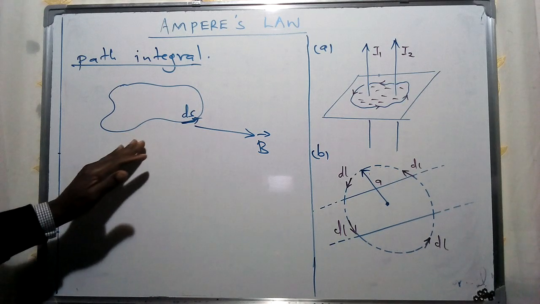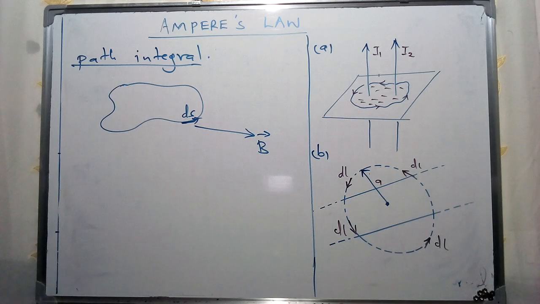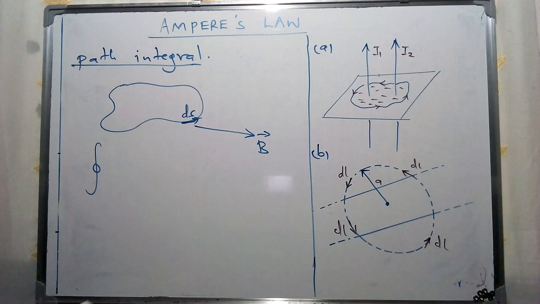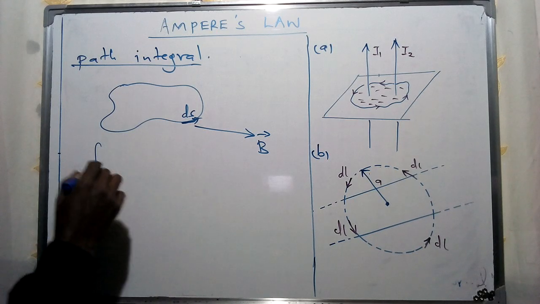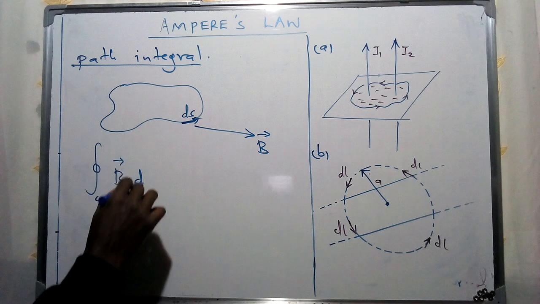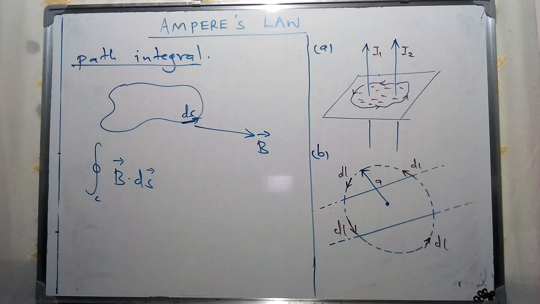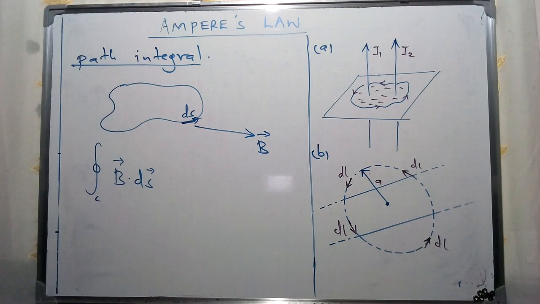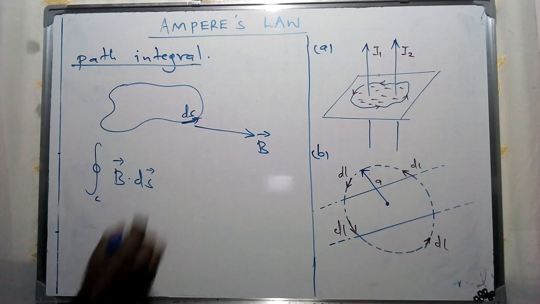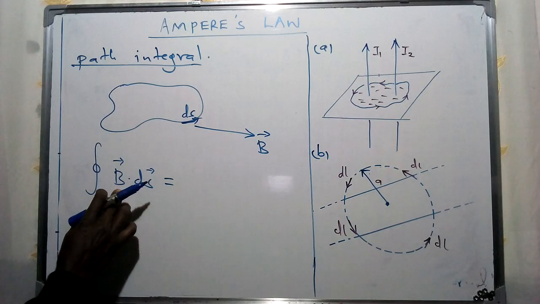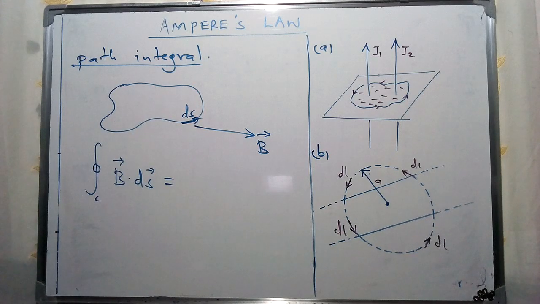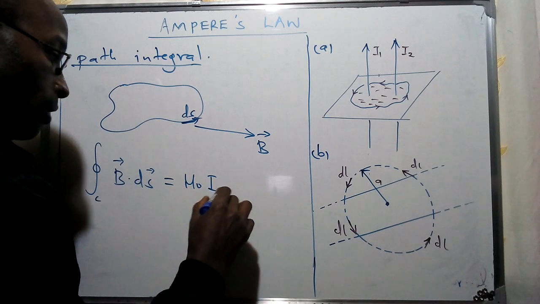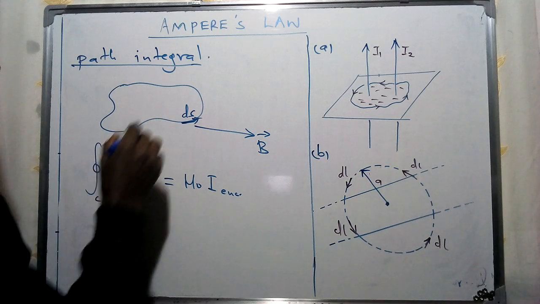Now this is going to be a closed path. So for this path integral, we're going to use this specific notation, given in terms of the magnetic field and ds. And we are going to see from Ampere's law, which we are going to develop later, that for any closed loop, the product of the magnetic field and this element is given in terms of mu naught and the current enclosed in this loop.